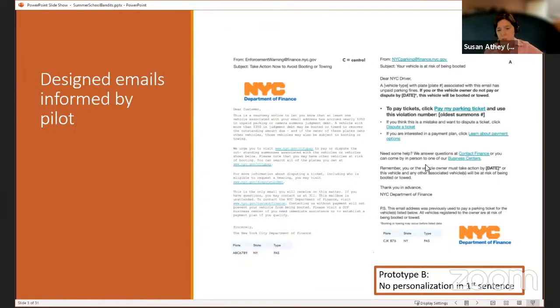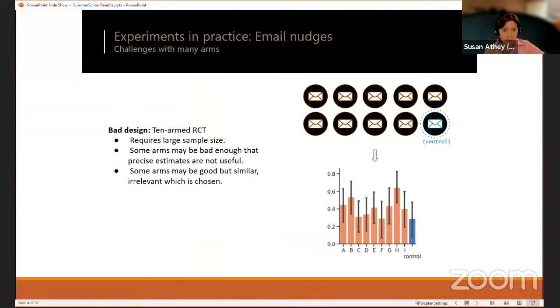Then other versions of that would have personalization. So it would show in the email that we know who you are. This isn't just a mass email, although of course it is a mass email and it is just generated by a computer. But the question is whether having some personal information in it somehow makes you take it more seriously. So those are the types of interventions we were considering in this experiment.